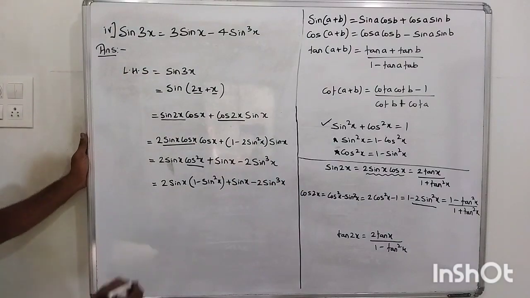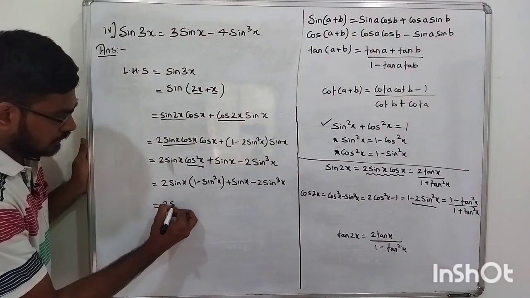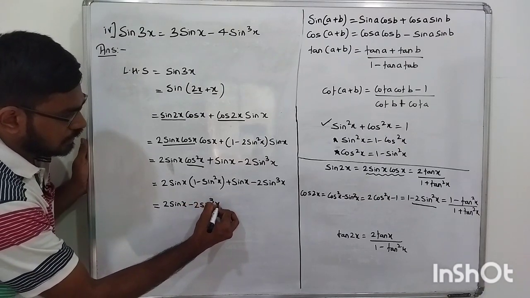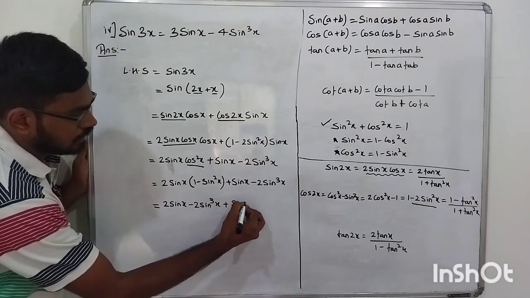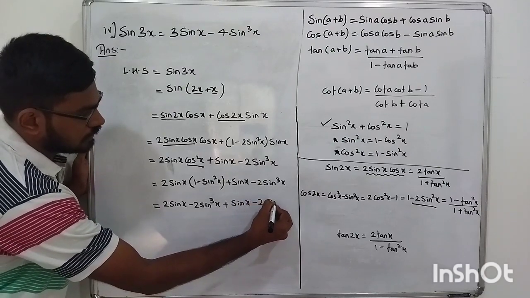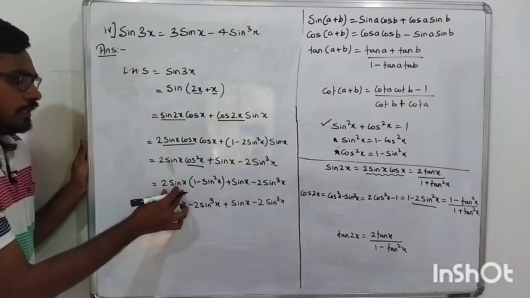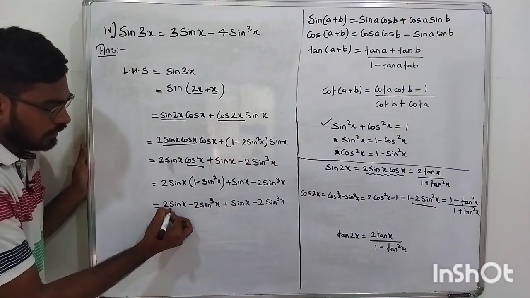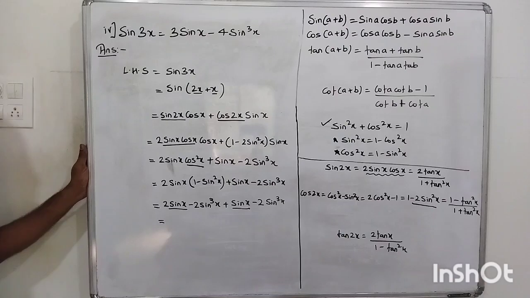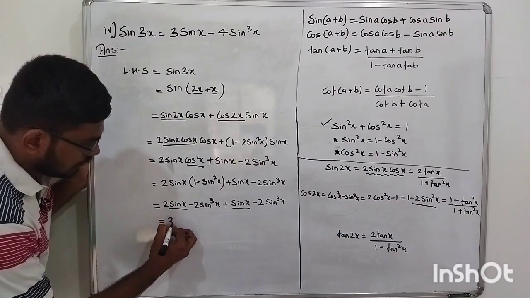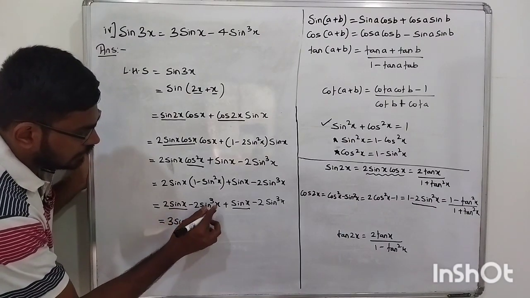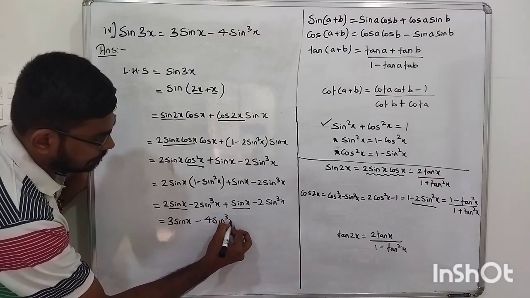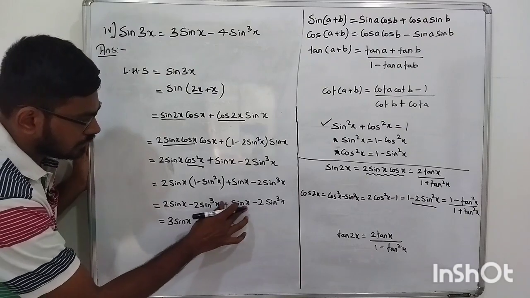Now simplify. So 2 sin x minus 2 sin cube x plus sin x minus 2 sin cube x. So I multiplied 2 inside. Okay. Last step, this can be added with this because same variable. So 3 sin x we got, and this can be added with this, get 4 sin cube x, okay, which is equal to RHS.